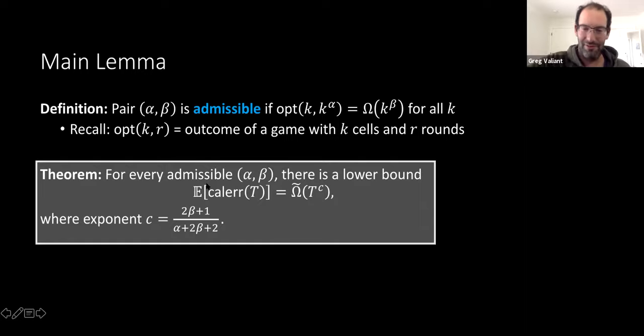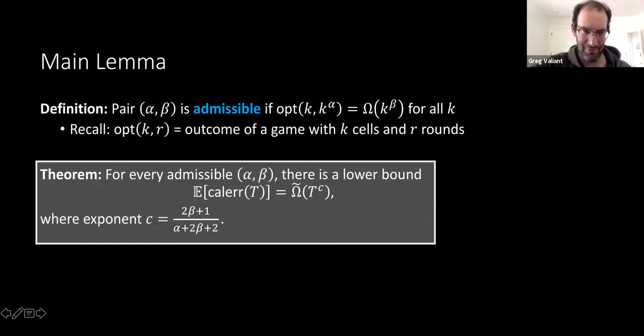It's sort of the main lemma, which relates how well you can do in the sidestepping game to lower bounds for the calibration setting. So let me just read this definition.